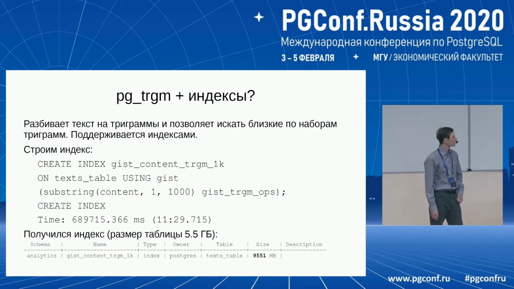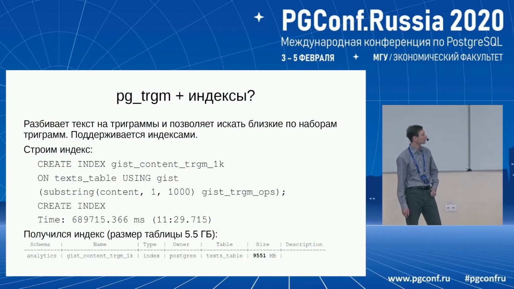This is an example of how to create an index with trigram support. pg_trgm splits the text into trigrams, and then it applies indexes to find what you need. These trigrams also allow you to look for similar texts, which is very interesting for us. So it looks like everything is okay.